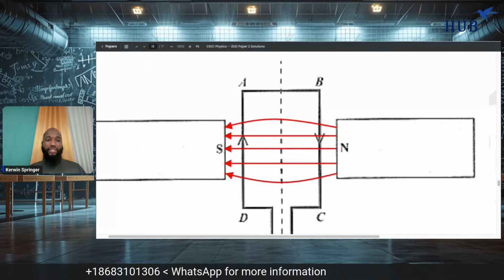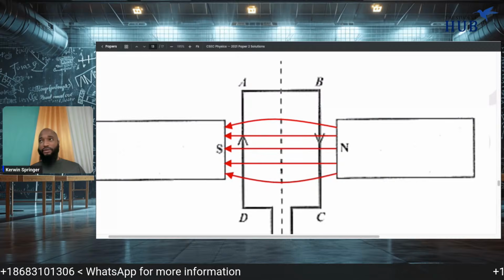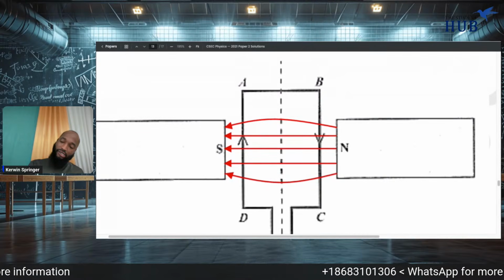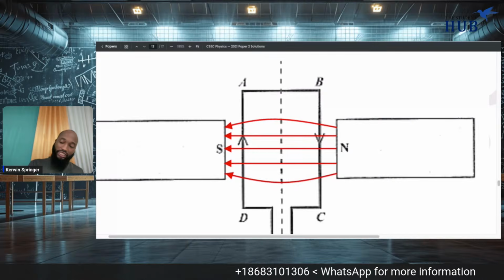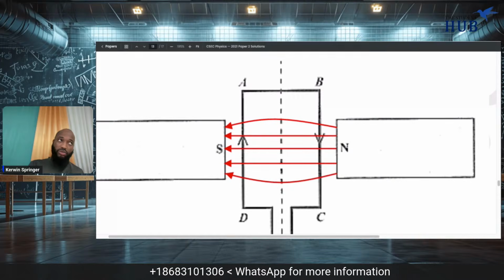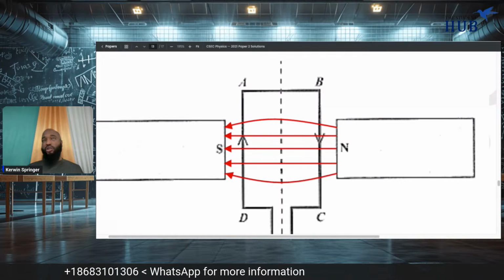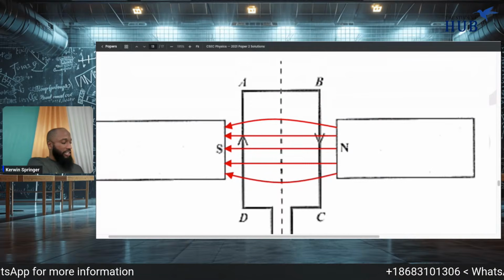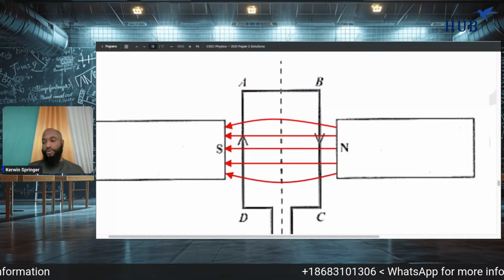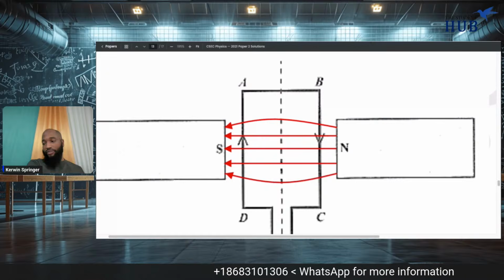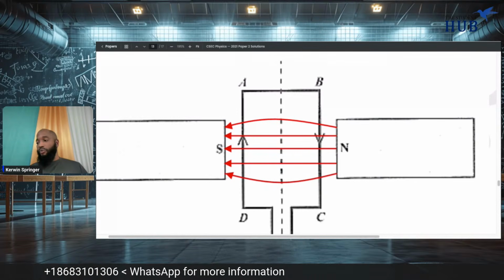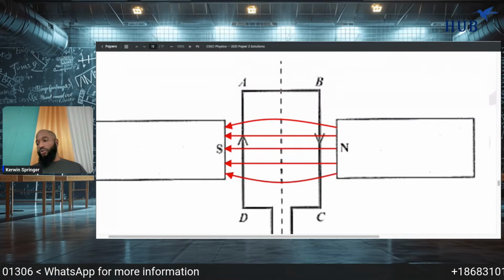So AD, you use your left hand, Fleming's left hand. The middle finger should point from D to A and the field is north to south, so your thumb is pointing up. Now, I was showing them yesterday, you don't even need to use the middle finger. You can just do your palm like this. The current is coming out of your palm. So D to A, and this is north to south, so it's going up. And you can check with BC, which direction will it go?